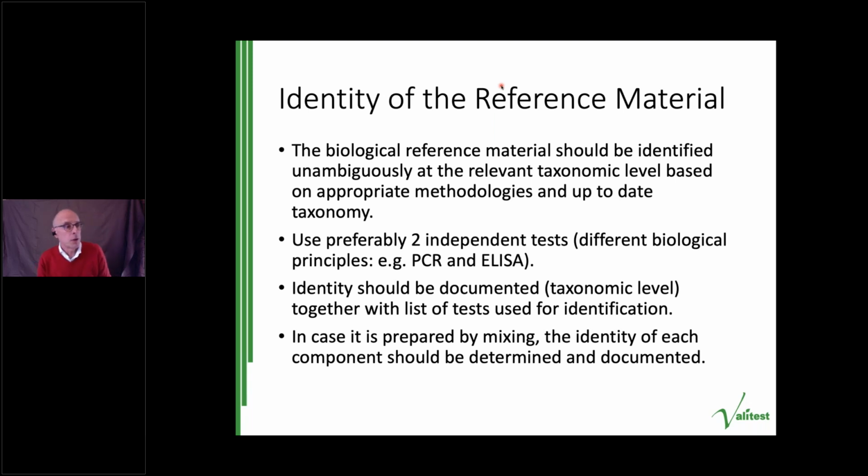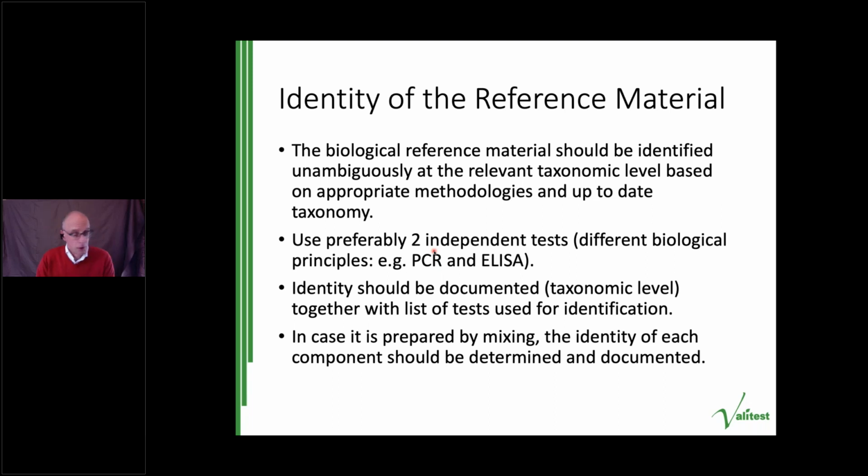One of the very clear important things, obviously, is the identity of the reference material. It should be identified unambiguously at the relevant taxonomic level. You should use appropriate methodologies for that, and obviously you should use the up-to-date taxonomy. If you really identify your material, we advise that you use preferably two independent tests, different biological principles.